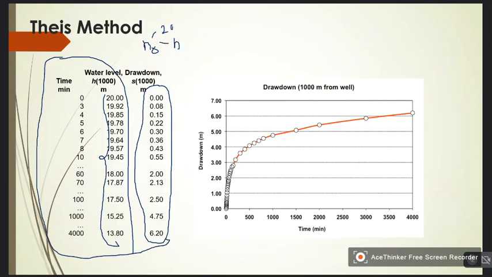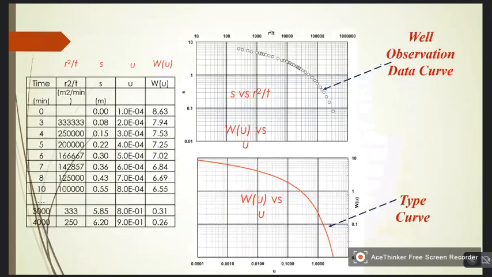So next, this is not required. In fact, we need not draw this graph. This is only for your understanding. Next, what you have to do is calculate R square by T. Now you have the values of T and S, but we have to plot a graph between R square by T and S. So for every T, we calculate this.